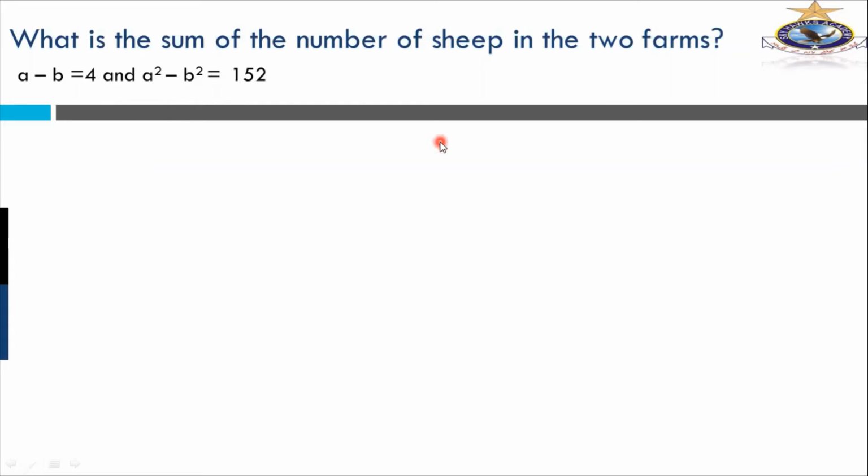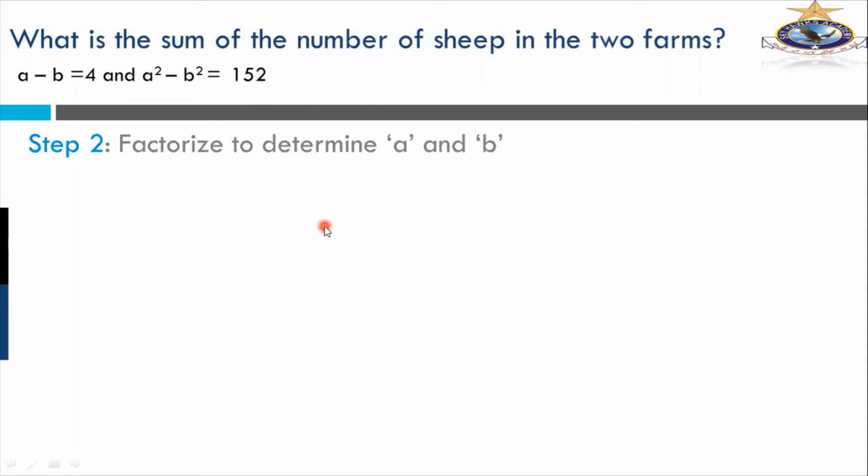So from that long story, we have a simple format of the algebraic expression, the equations. Now, factorize to determine A and B. From here we can make use of the factors. How? The difference of two squares is always the product of their sum and the difference.